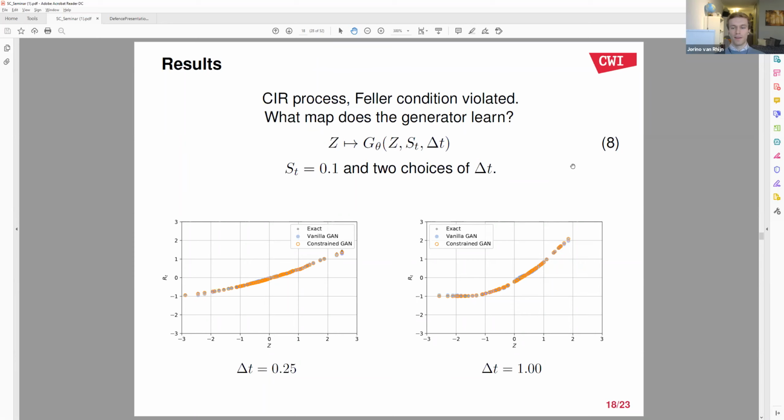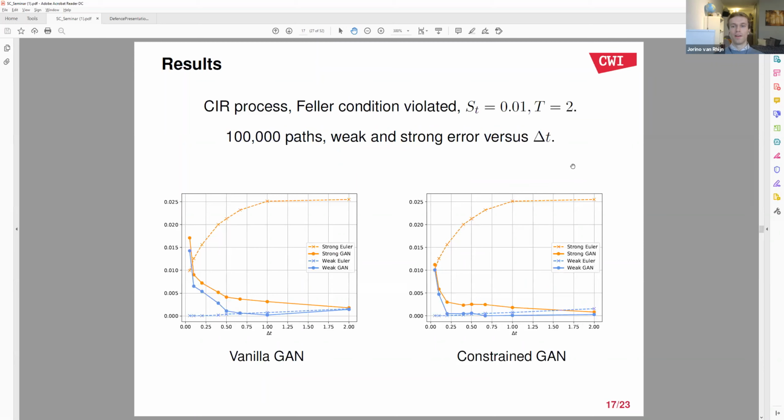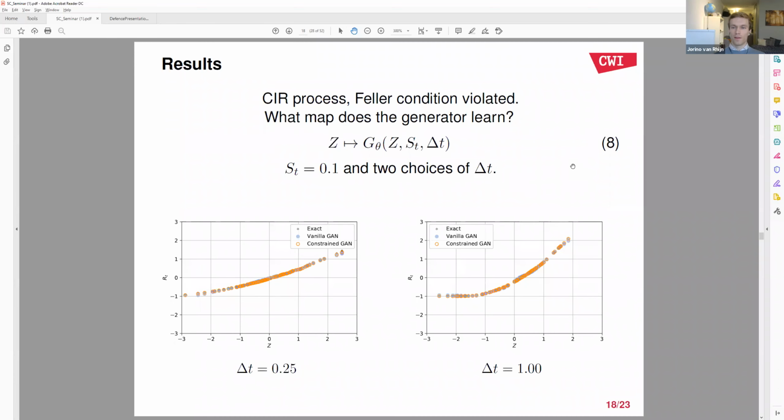And we see that indeed, as we saw in this figure, both neural networks correspond to the same map, and both also correspond to the map that is implied by the exact simulation scheme. So indeed, in this case, we expect all solutions to be strong approximations.